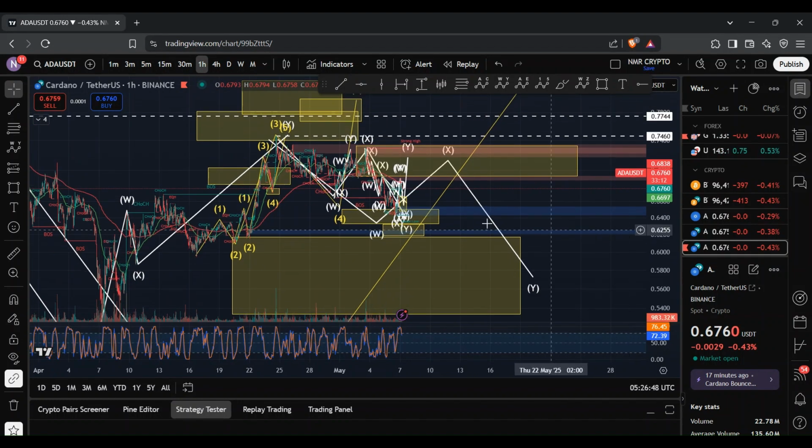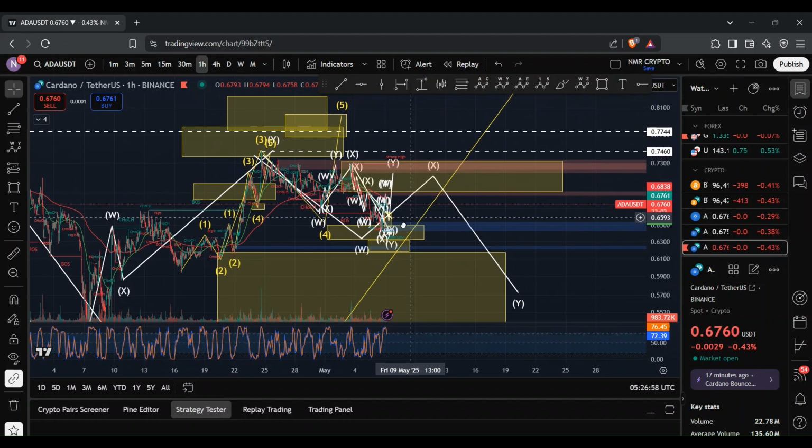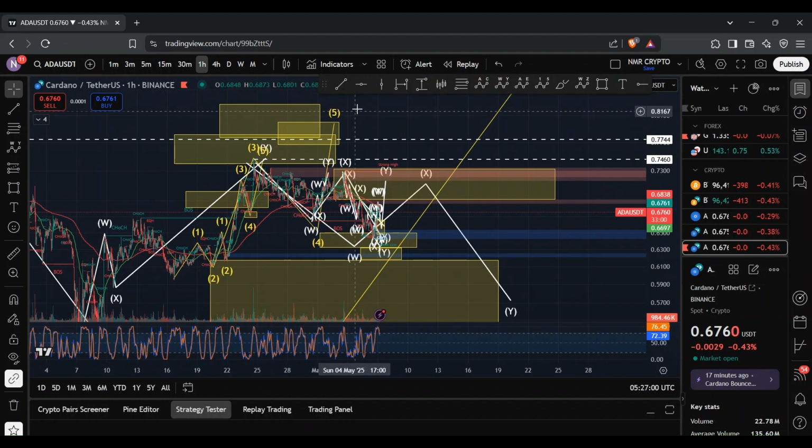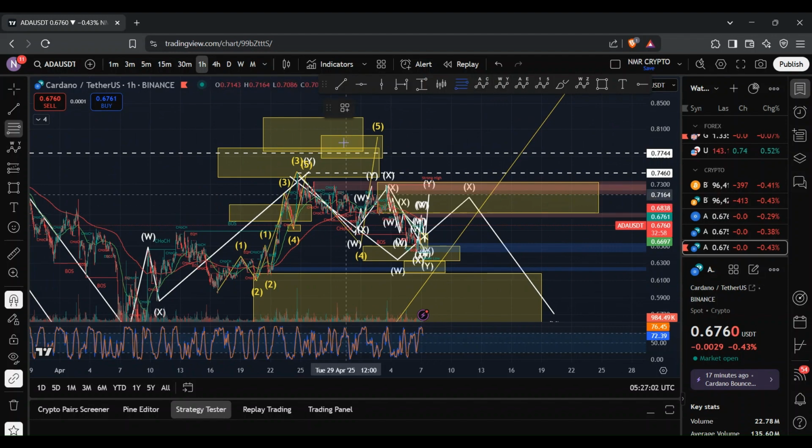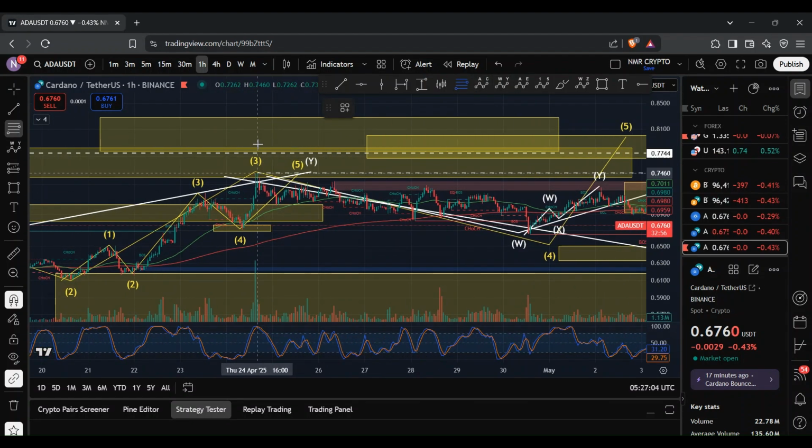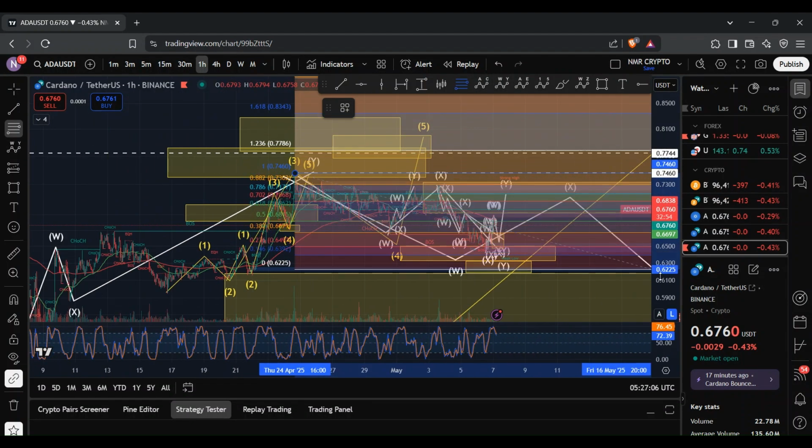And so really the only possibility that could be in play right now is a WXY structure to the upside, where the Y wave is made up of 5 waves, which is what could be in right now. And it's possible that we are within the wave 5. And should that be the case, then what we can do is actually adjust the wave 5 target, given that we ended up going deeper.